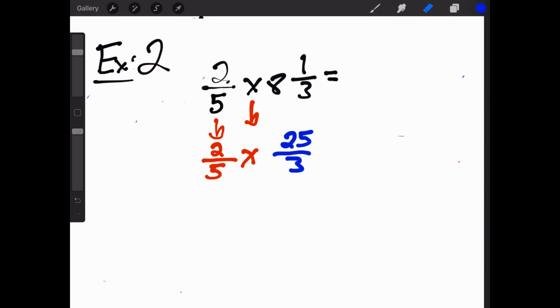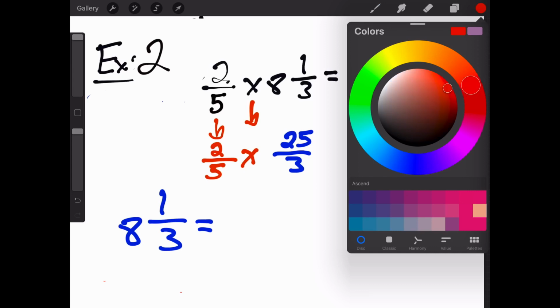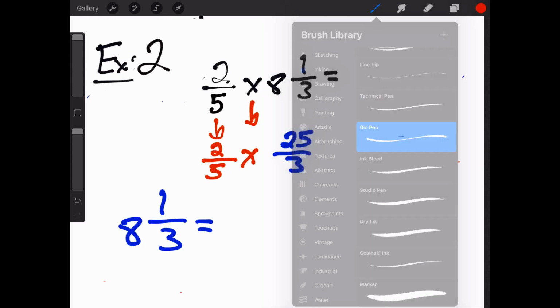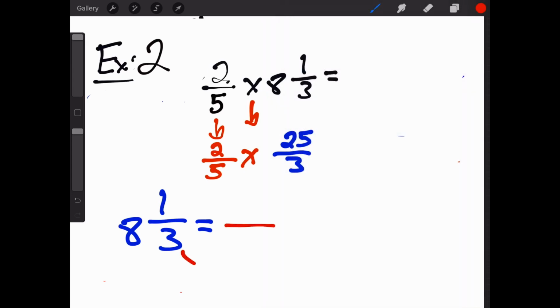So I'm going to do it one more time so that you could see it nice and big. All right, so 8 1/3. Okay, do it a different color. So the first thing you do is you bring over your denominator, okay? That's step 1.